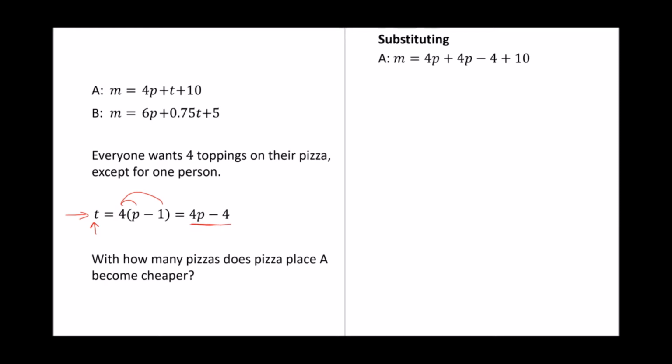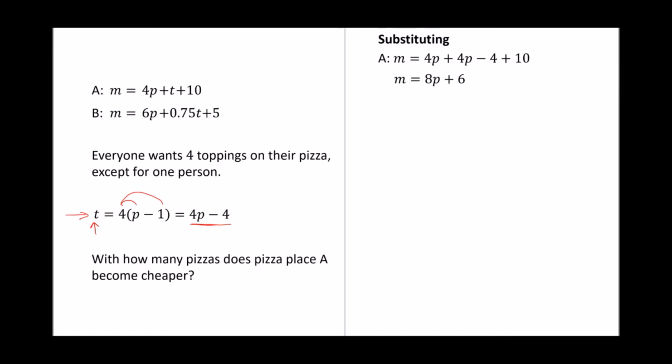Which means in the first case it's very simple. T is already just there, so we can just put 4P minus 4 in there. And then we can simplify that formula. 4P plus 4P is 8P, minus 4 plus 10 is 6, so we get the price, the money, is 8P plus 6.